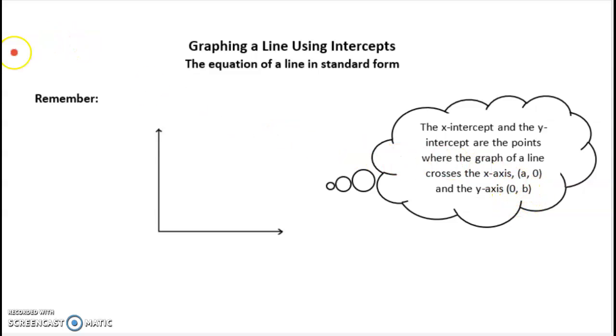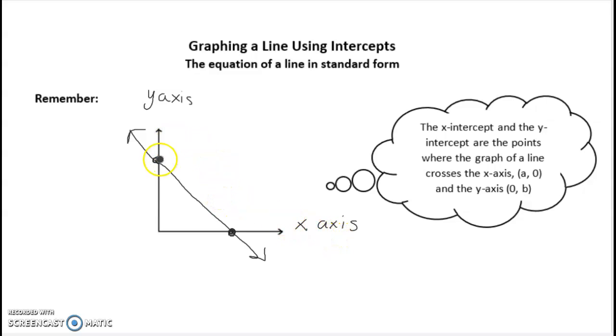So what that means is, say we have a dot here, and we have a dot here, and I'm going to try my best to make a straight line. So this right here, we know that this is the y-axis, and this is the x-axis.